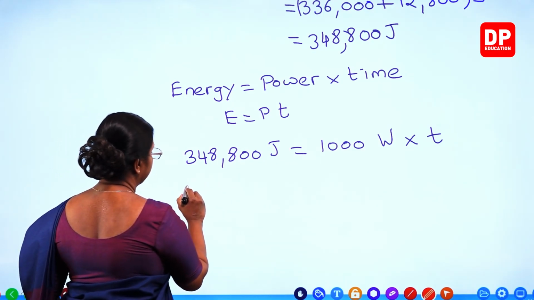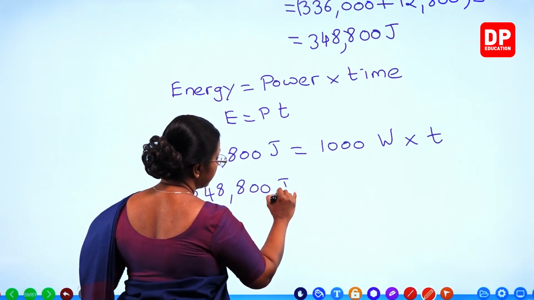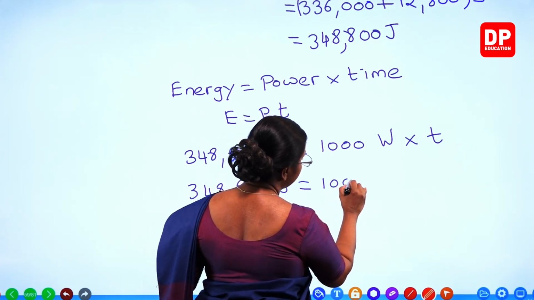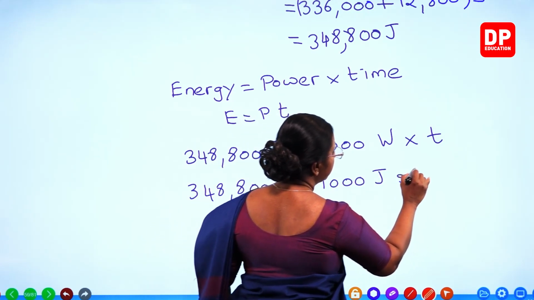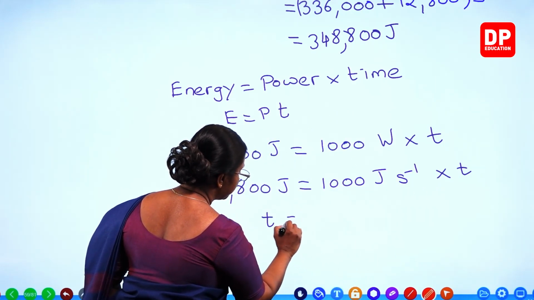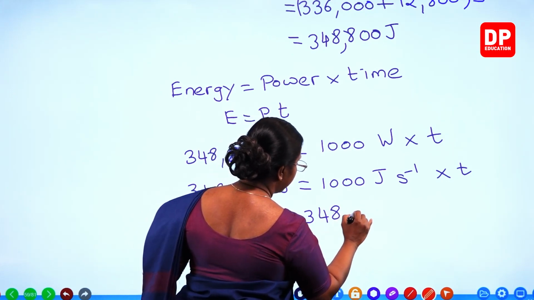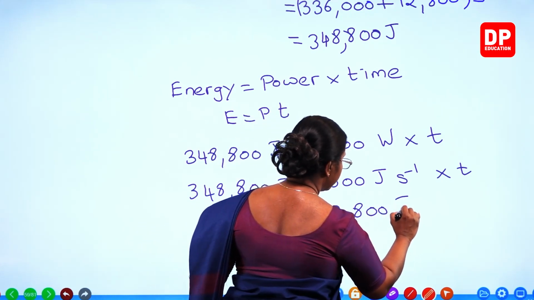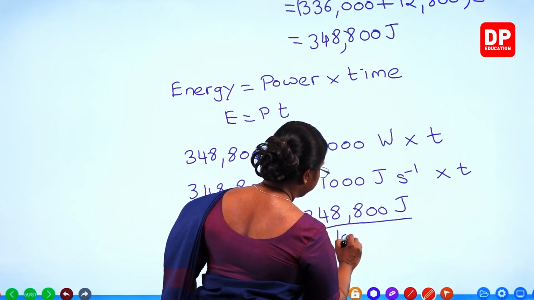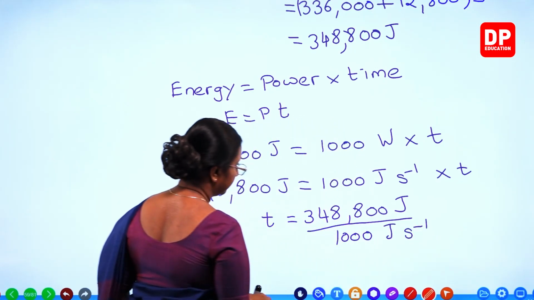So before we rearrange, if we substitute, this is again for you all to understand: 1000 joule per second into time. So if you rearrange, you will get time is equal to 348,800 joules divided by 1000 joule per second.